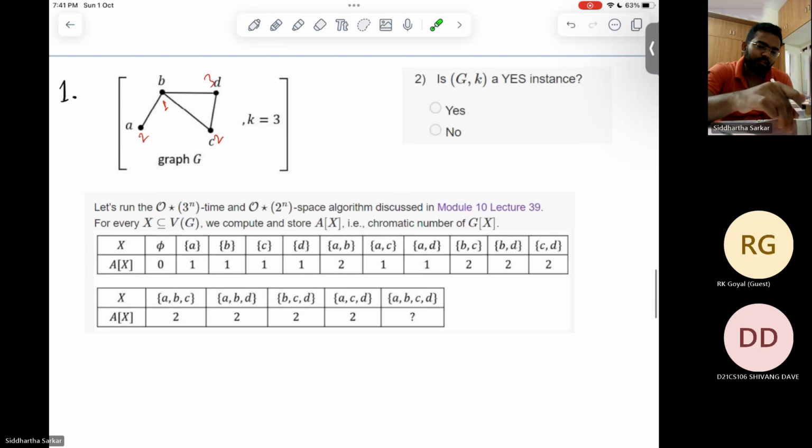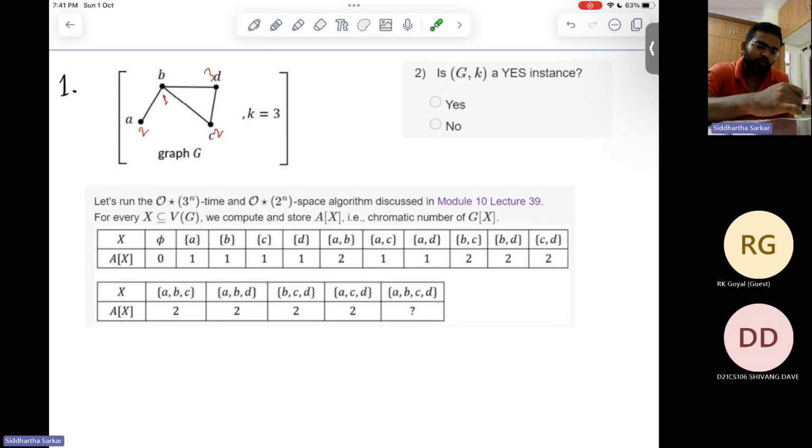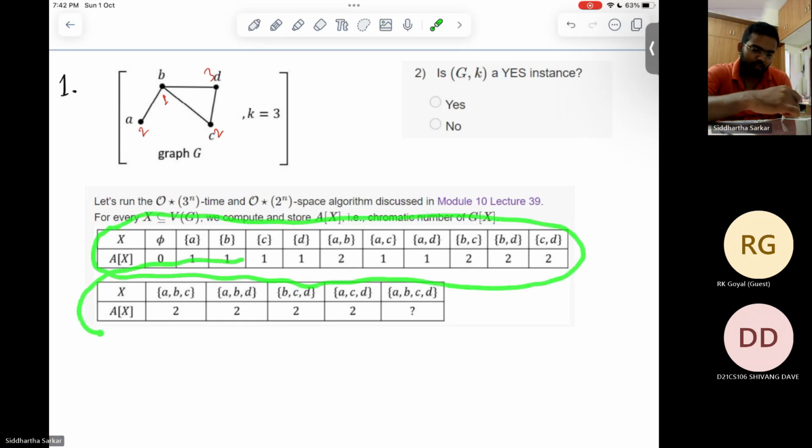Okay. So now, we have seen a 3 to the power n time, 2 to the power n space algorithm discussed in the 13th lecture of this course. And so we have drawn this dynamic programming DP table.